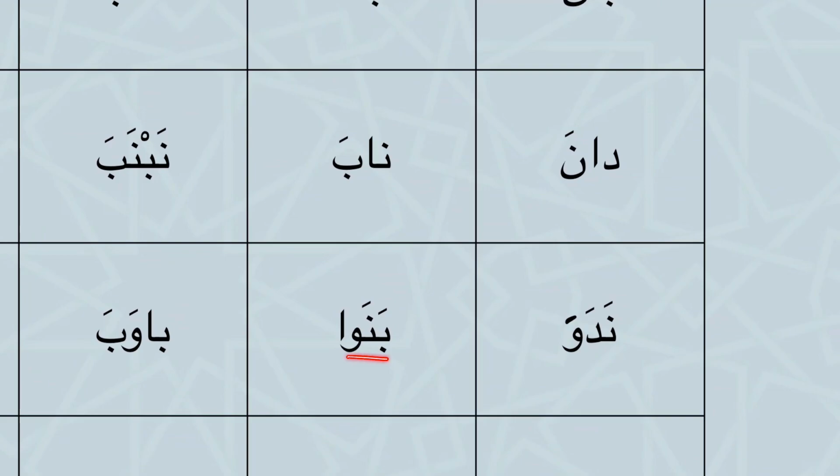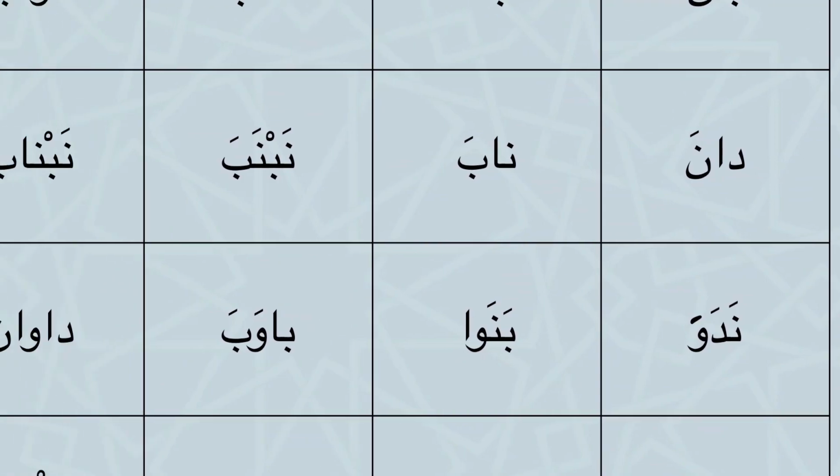But this next one has no fatha here. There's no need to put a fatha in the first place because I know it's a fatha by the alif. Otherwise, I would just pronounce it like this one, nadawa. But here it's banawa, banawa because the waw is a long vowel, a long vowel fatha.